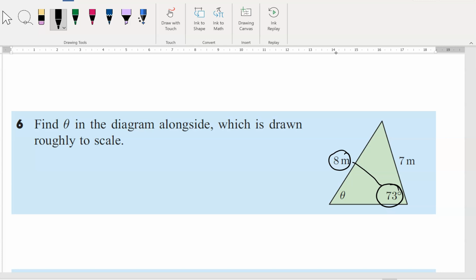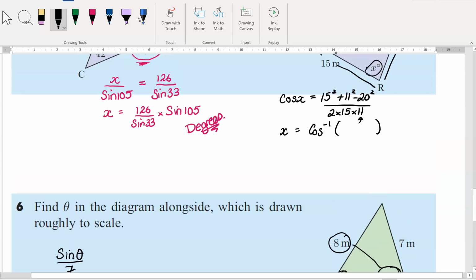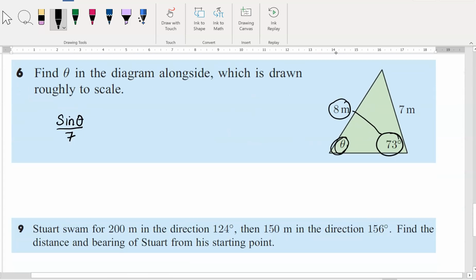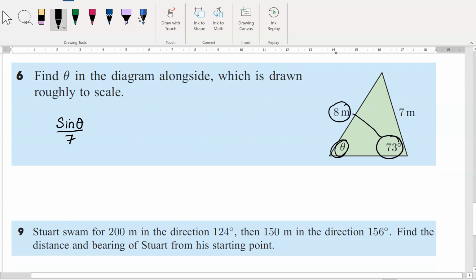Because I'm wanting to find an angle, it's going to start with sine theta upstairs over 7. When we did this one up here, we went x over sine of the angle because we were trying to find a length. But this time, because I'm finding an angle, it's sine theta over 7 equals sine 73 over 8.